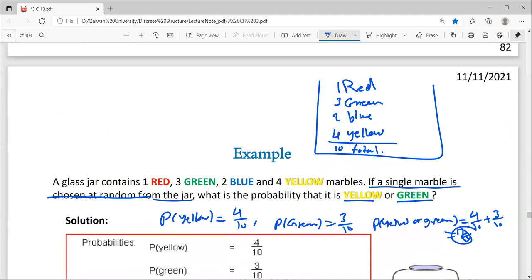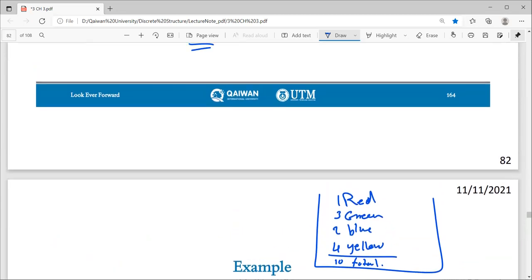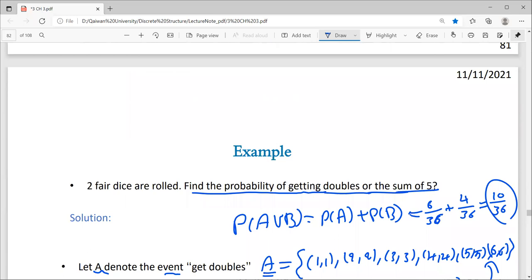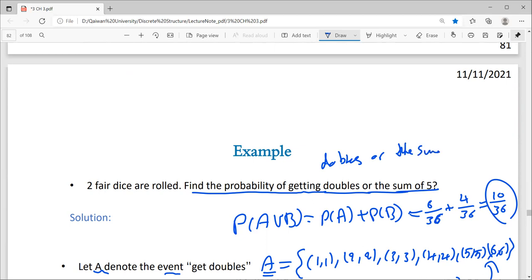Okay, so how about the previous example, let me change it and you do it by yourself now. Find the probability of getting doubles or the sum is, let's say, 4.